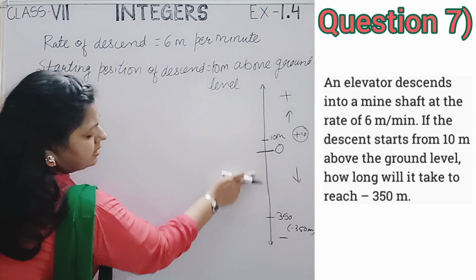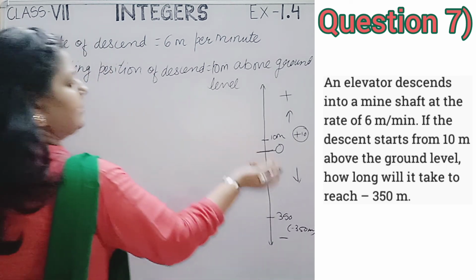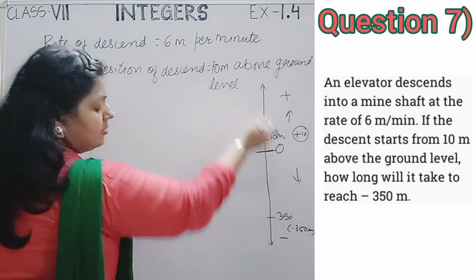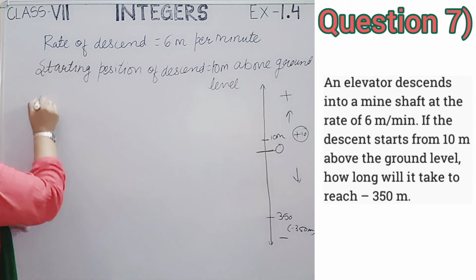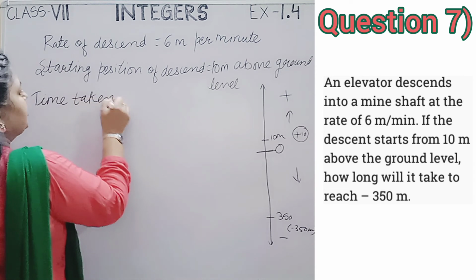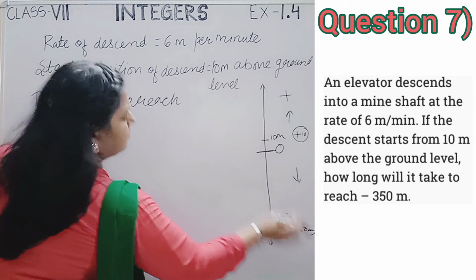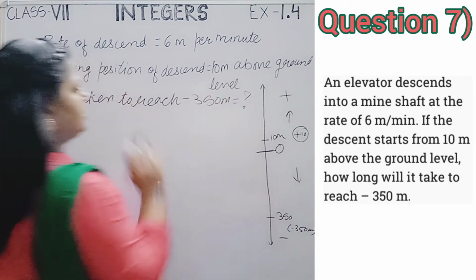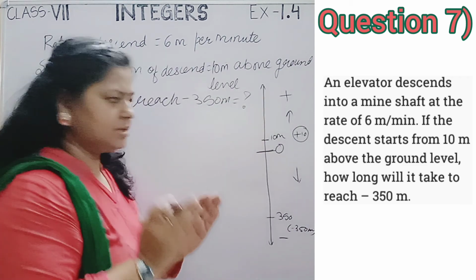Now we are going down, so minus. Now time taken to reach minus 350. Now we have to find out the time. So time taken to reach minus 350 meter. We don't know how long it will take. We have to find out the time.